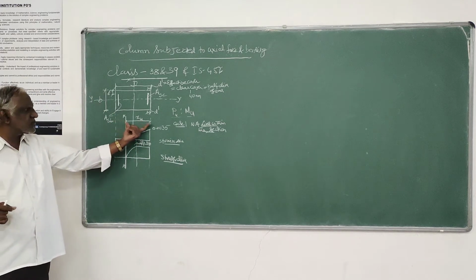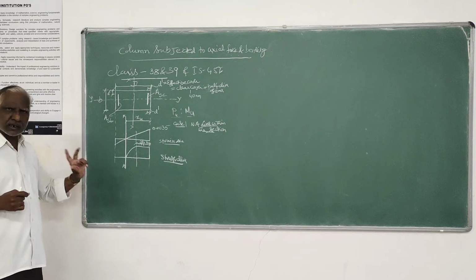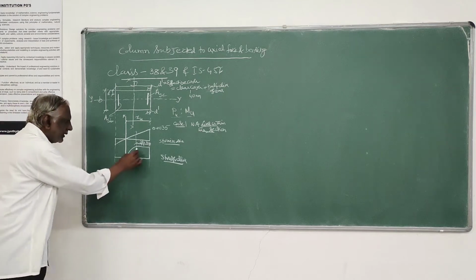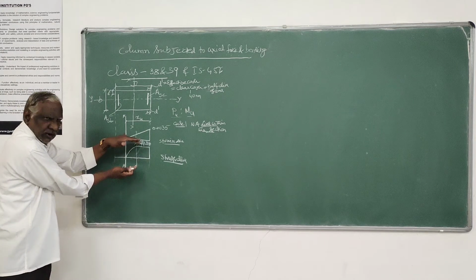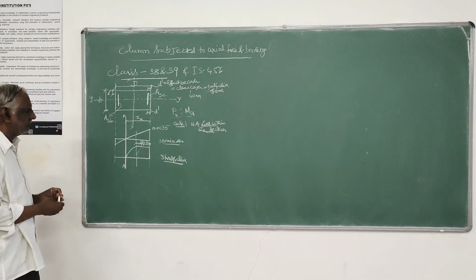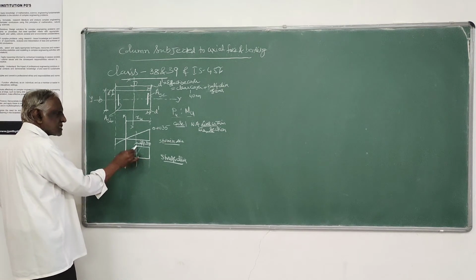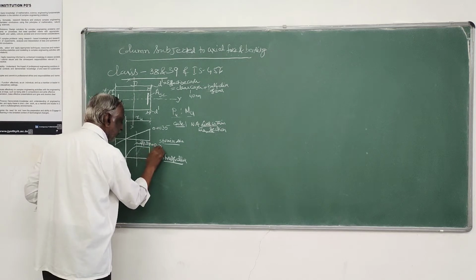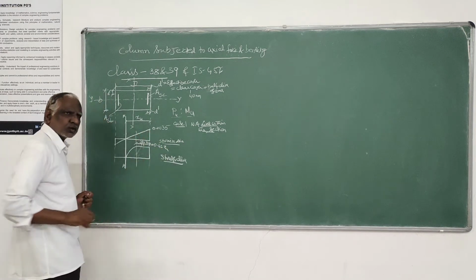If you assume xu as the depth of the neutral axis, the stress variation will be uniform up to a distance of 3/7 xu, which is also equal to 0.42 xu.